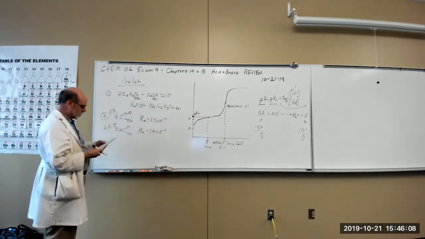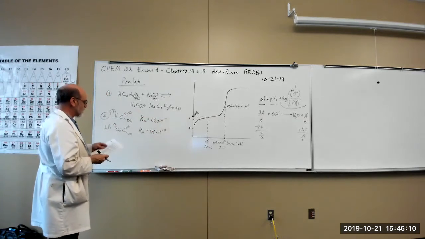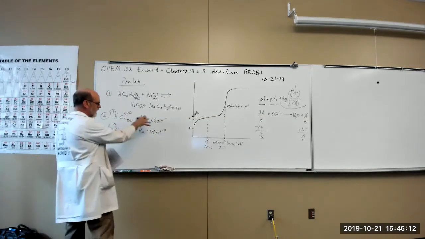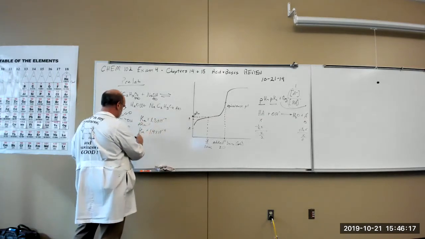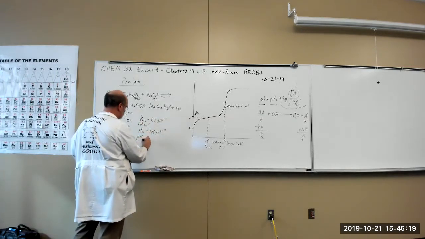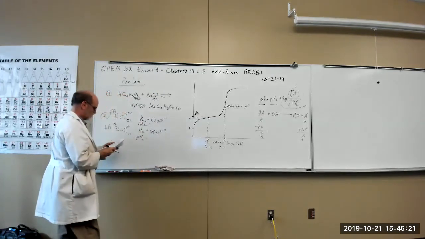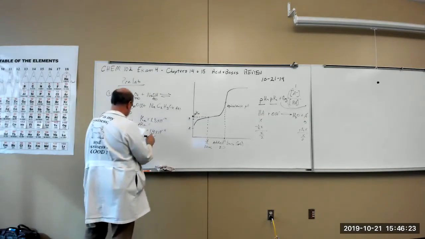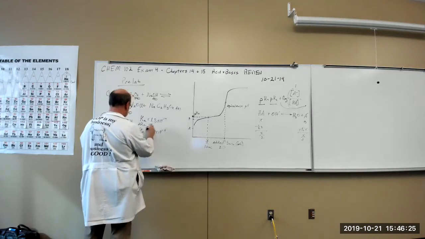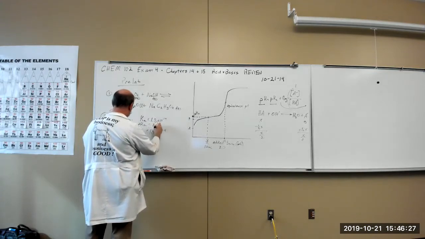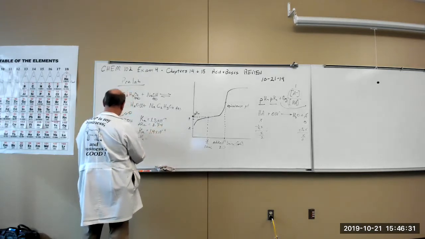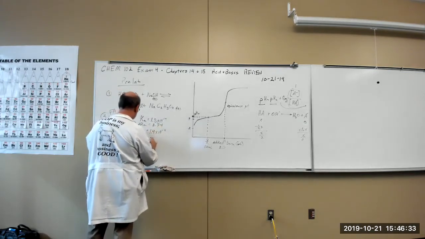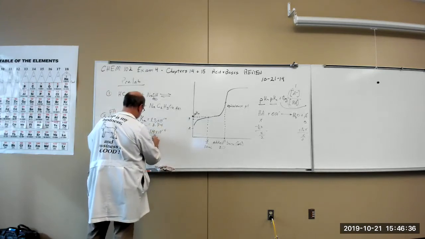Now the next question is, what's the pKa of each acid? Well, we just take the negative log of each one. This one turns out to be 3.74 for formic acid, and this one is 3.85.